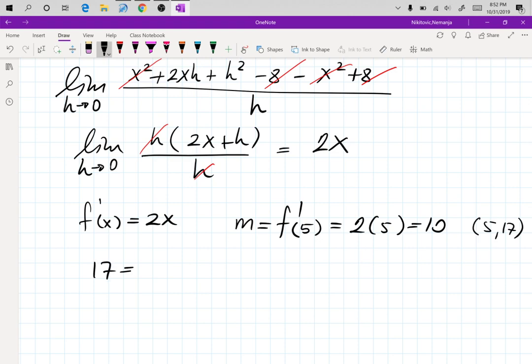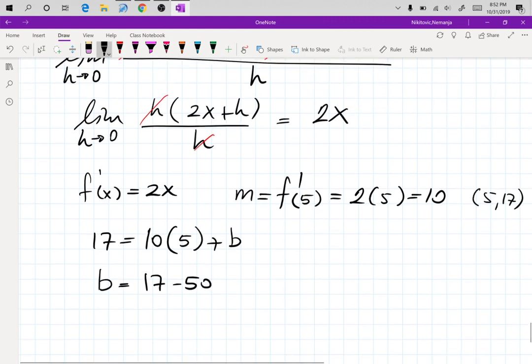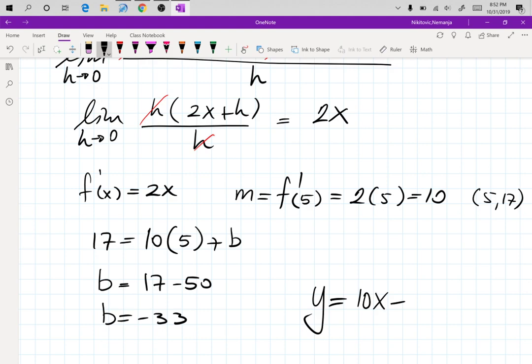So 17 is equal to 10 times 5 plus b. And then b is 17 minus 50, which is negative 33. So the tangent line is y equals 10x minus 33. I hope.